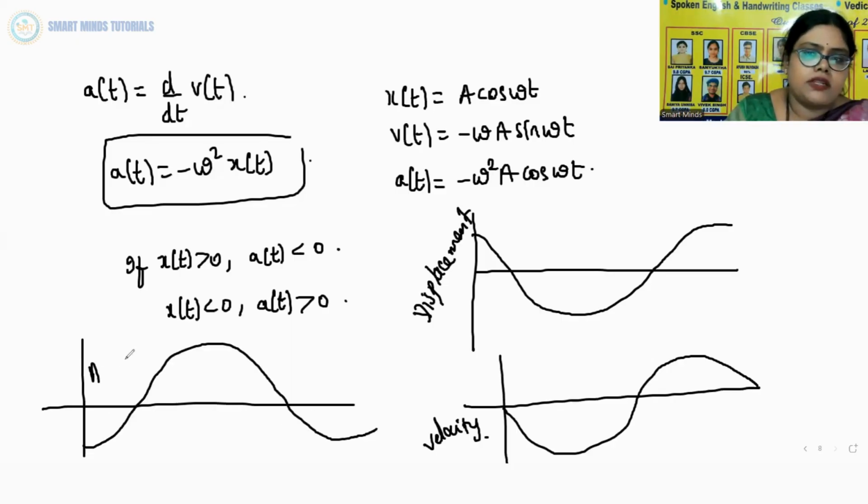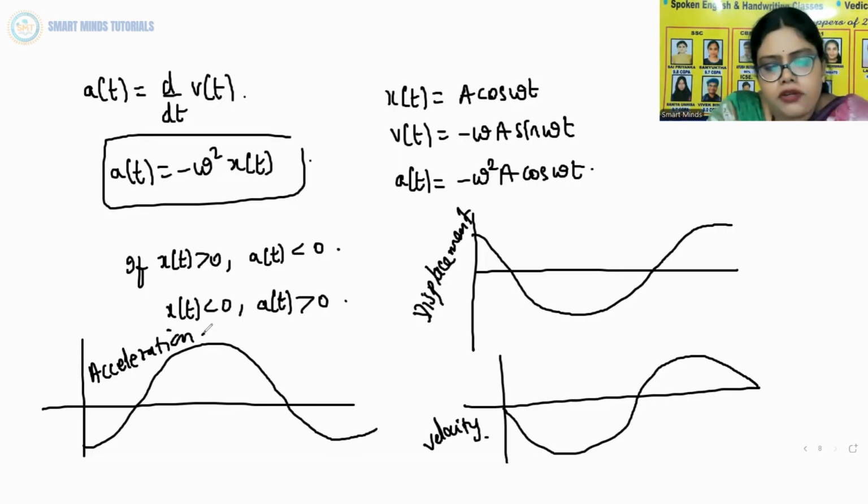So these are the three different plots. All the quantities vary sinusoidally with time. Only their maxima differ, and the different plots differ in phase.